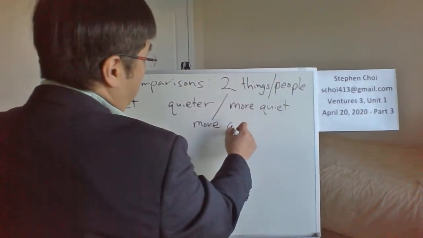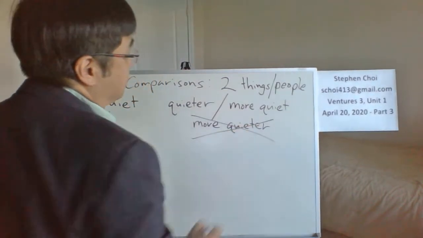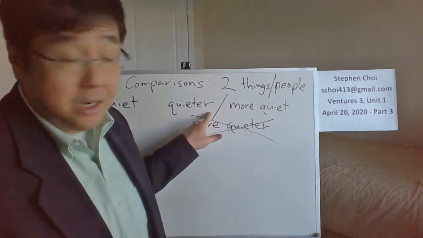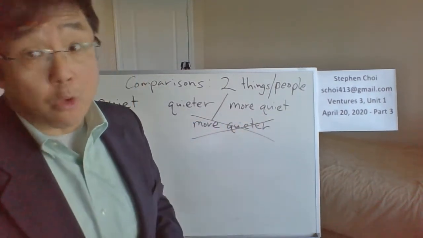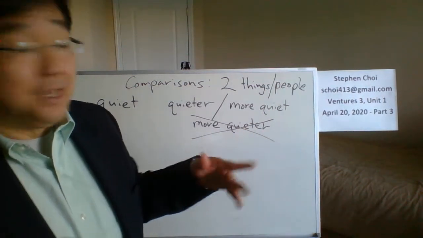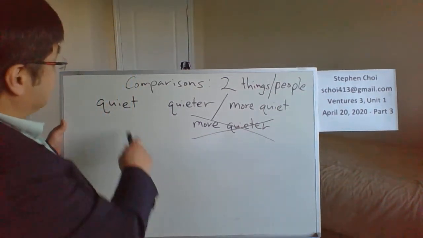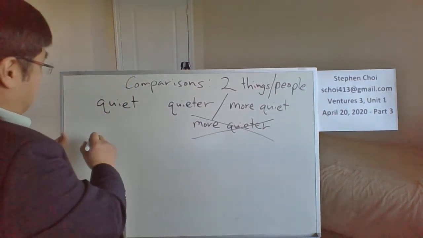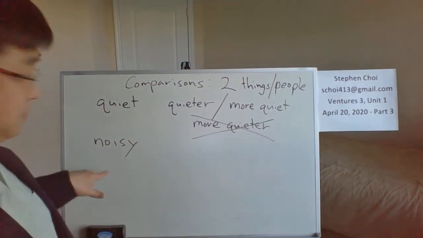You don't want to do more quieter. Either just put an er, or you can put more and quiet, but never do both. Don't say more quieter. Sometimes people do that to emphasize, but that's not good grammar. Same thing with noisy, with the y.